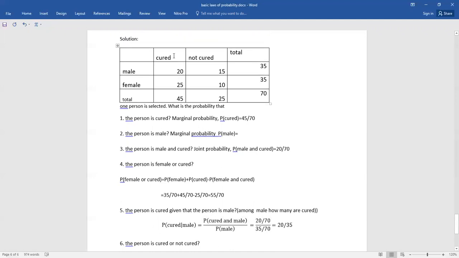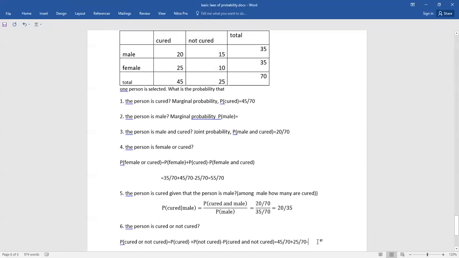That cannot happen together. Cure is one column, not cured is another. They have no intersection; one person cannot be both cured and not cured. They are mutually exclusive, so we put 0. If you do the math, it will be 70 over 70, so the total probability is 1.